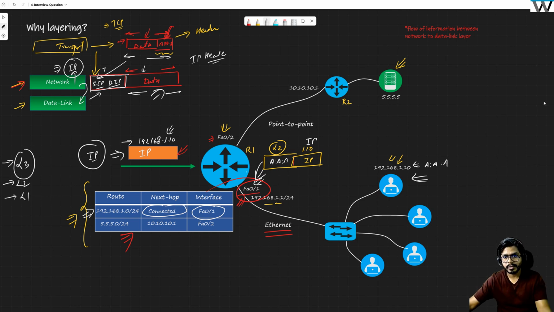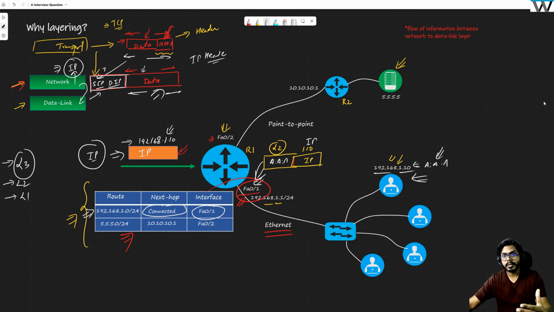Although source addresses are also there, I am just talking about the destination IP and the destination MAC. And how is this destination MAC address calculated? It is already there, right? When we talk about how two computers talk in a particular network, we talk about Address Resolution Protocol, whose main duty is to find out the MAC address corresponding to this IP address, right?